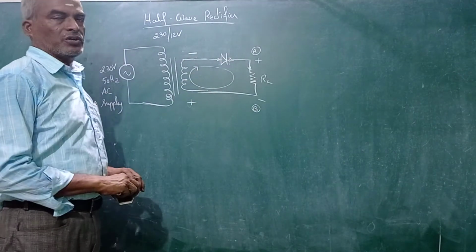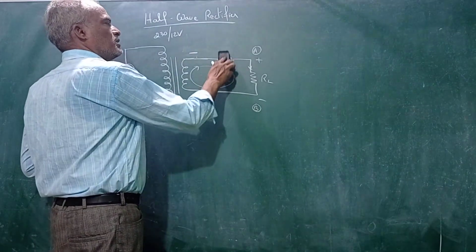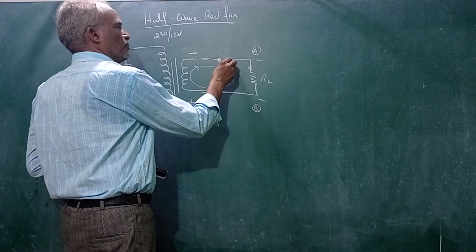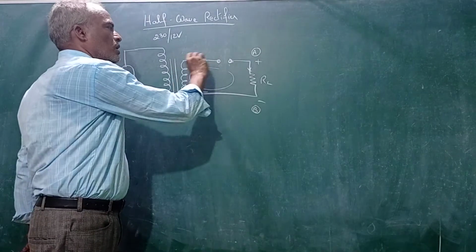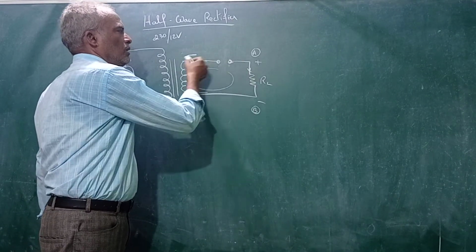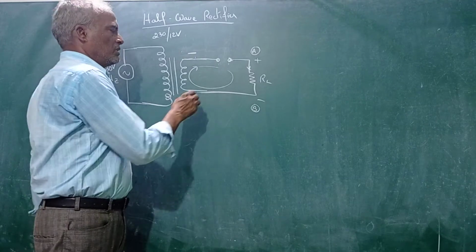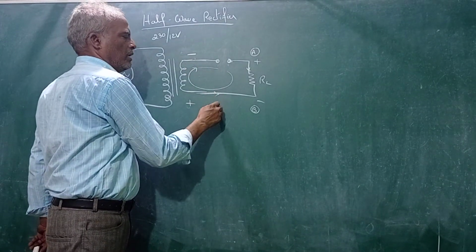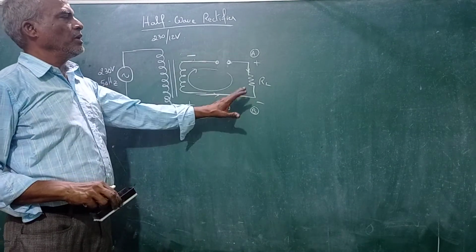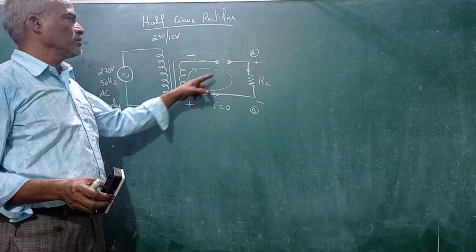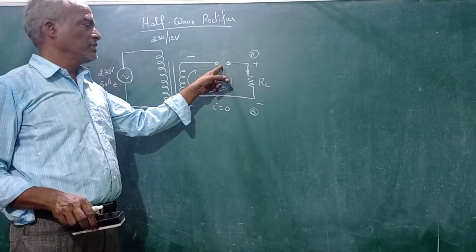So the diode won't conduct, and it can be replaced with an open circuit. No current will flow in this circuit, so the current I equals 0. No current flows from A to B or B to A because you have an open circuit here, since the diode is reverse biased.